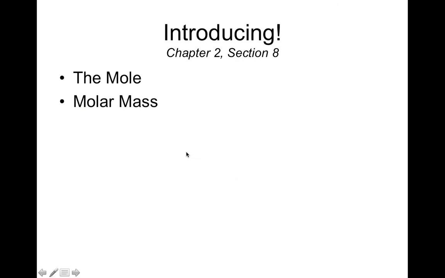Now we're going to measure atoms and molecules in terms of their mass. That's convenient because we can just use a balance. We're going to relate the mass to the moles using the concept of molar mass, which will make more sense as we do some problems.